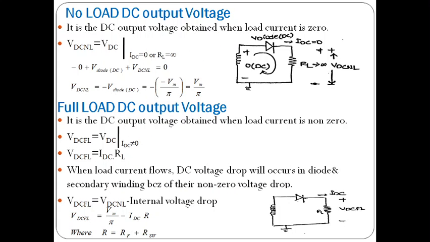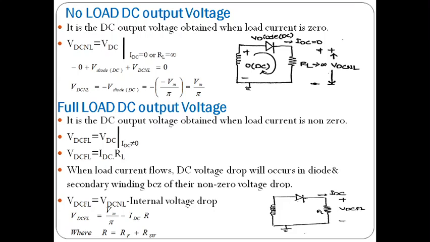Now, the no load DC voltage means there is no current flowing through the load resistor. Otherwise, you can say when the load resistor is infinite, it means open circuited. Clear? So it is the DC output voltage obtained when the load current is 0.